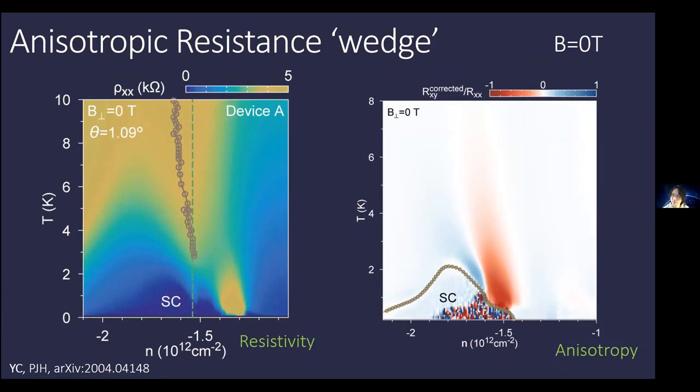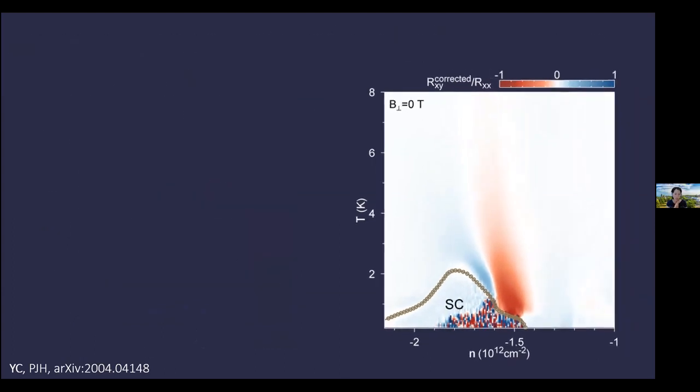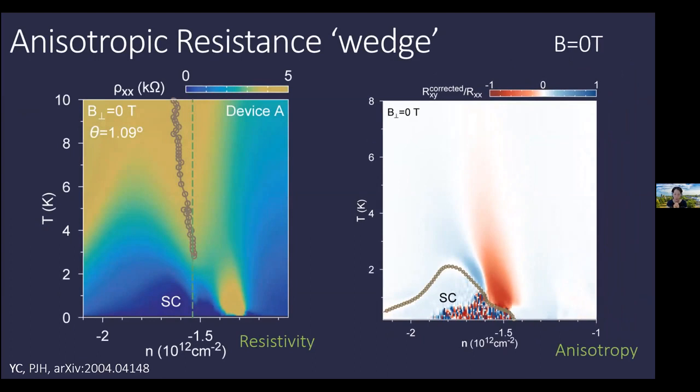It happens near a special commensurate filling, and one suspects there's charge density wave. Now, your observation of anisotropy is based on sigma xy or rho xy. So I guess my question is, do you have a way or reason to rule out charge density wave there? It seems to be kind of local.